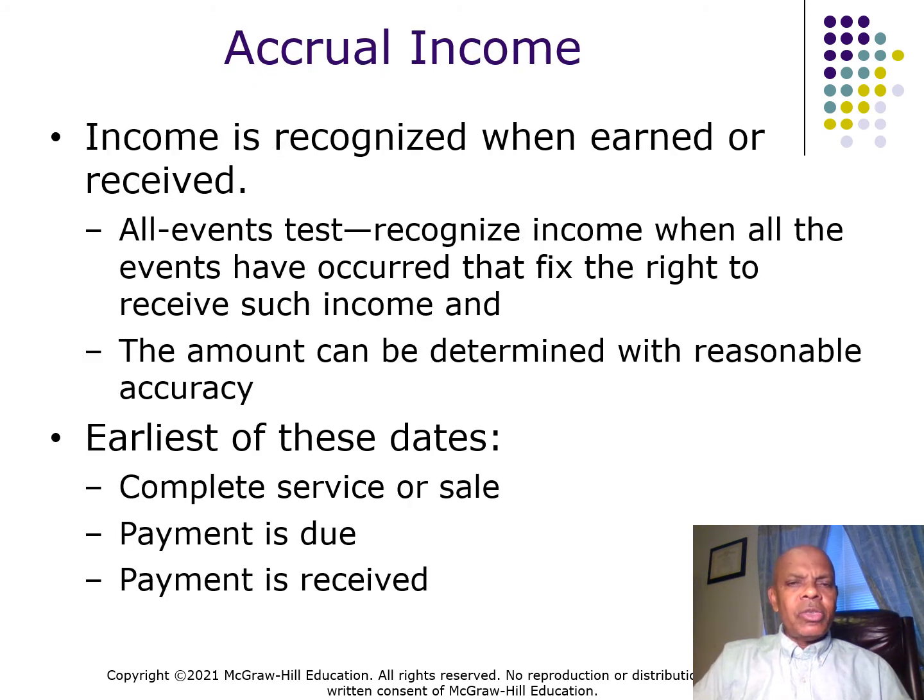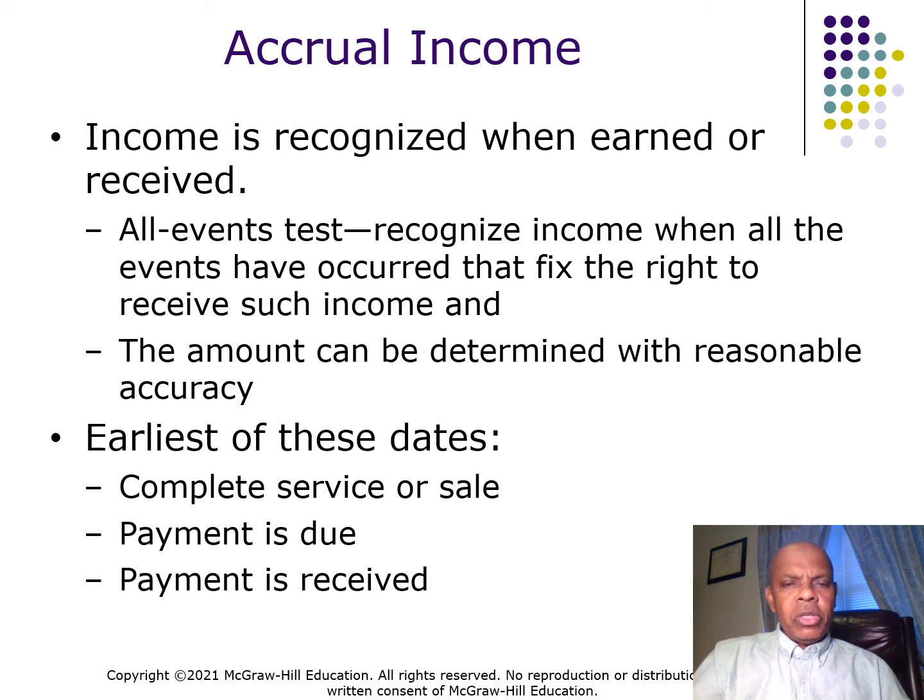Accrual method, which we all know. Income is recognized when earned or received. The all events test recognizes income when all events have occurred that fix the right to receive such income, and the amount can be determined with reasonable accuracy. That's why it's all events.